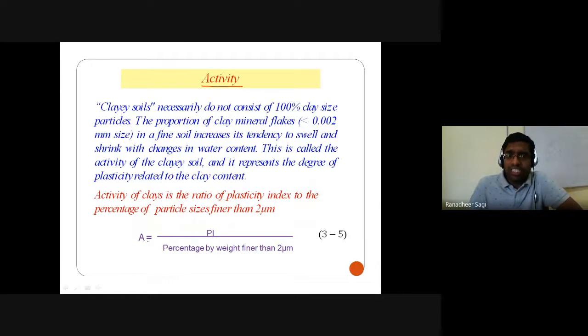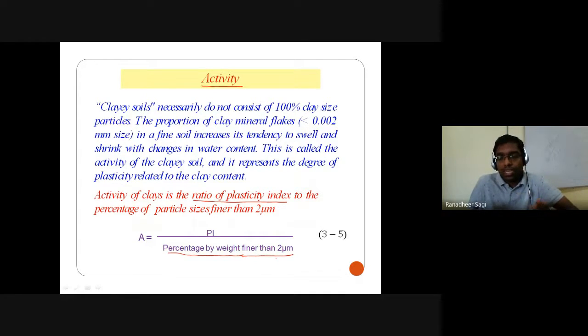Activity is defined as the ratio of plasticity index to the percentage of clay fraction existing in that given soil. I repeat, it is defined as the ratio of plasticity index to the percentage of clay fraction. But in the expression, as you see here, it is stated as the percentage of particles by weight which are finer than 2 microns.